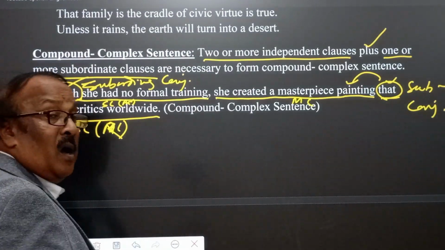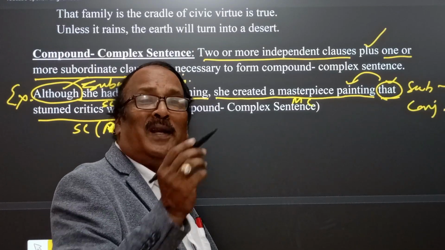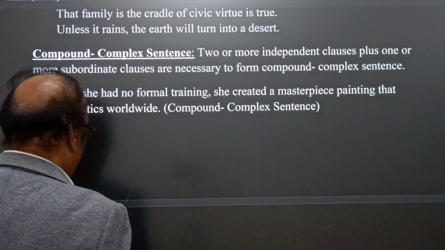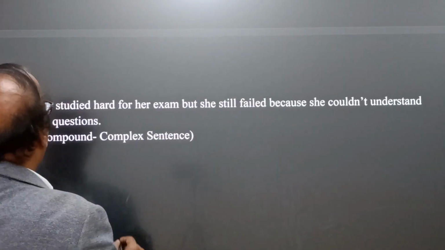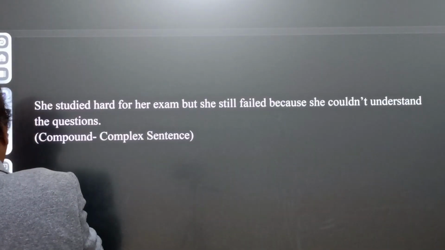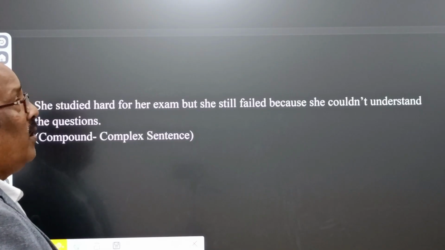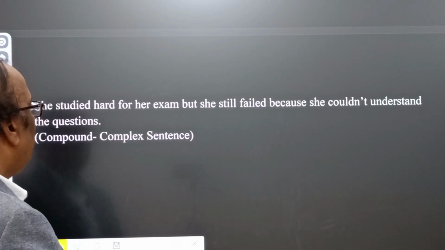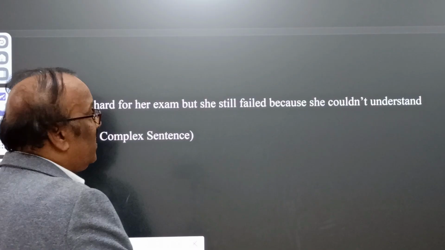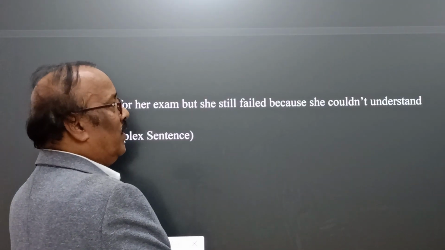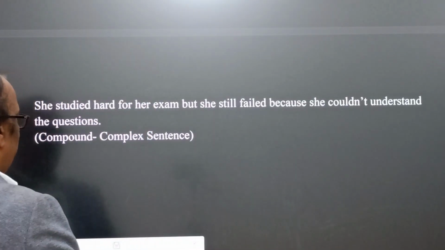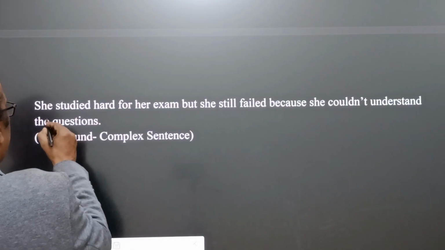Yes, now come to another example. We find another example in this connection: she studied hard for her exam, but she still failed because she couldn't understand the questions. Very interesting.